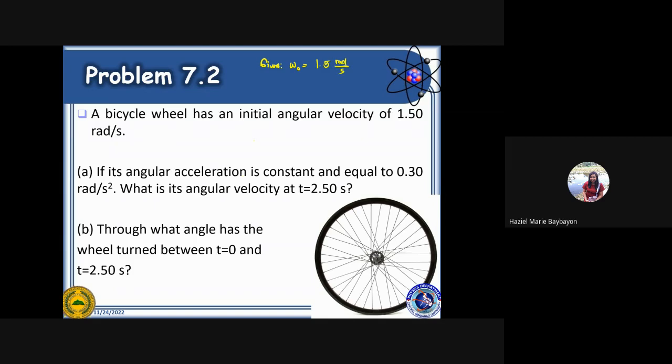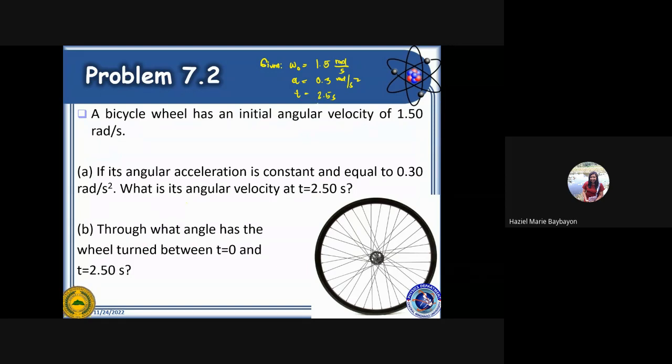And then we are also given with the angular acceleration, which is 0.3 radians per second squared. And then we are given with the time t equal to 2.5 seconds. Okay, so what is asked is its angular velocity at this time. So, itong mga pangitaon class is omega. Okay? It's omega, the final velocity.